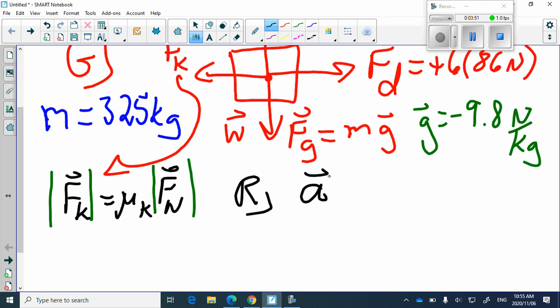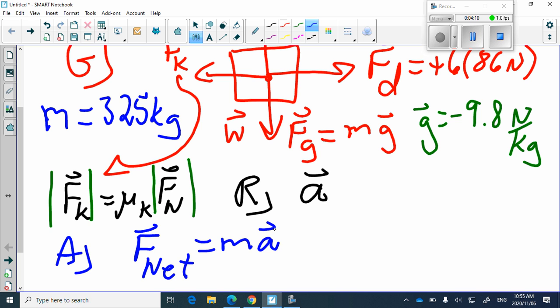Do you see any of those quantities? No. So that forces us to use dynamics equations. And there's only one equation in the dynamics world that has acceleration in it: Newton's second law, F net equals ma.